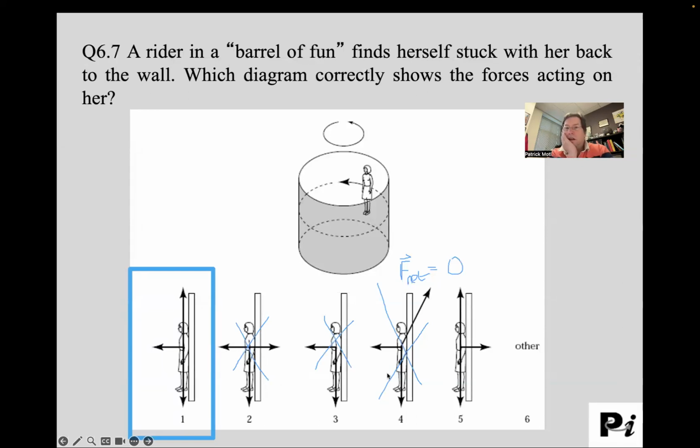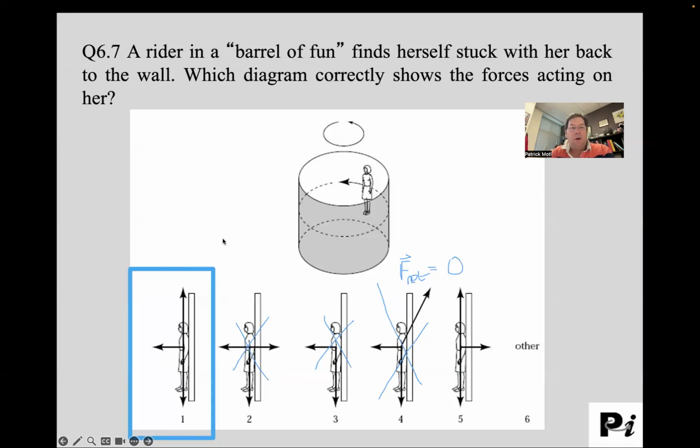So here's the key question, which we've already answered. Do you have a net force that points in towards the center of the rotating drum, or does it push out? Well, this force is actually coming from the normal force. The wall is pushing you in. The wall can't suck you back. The wall can only prevent you from passing through it.